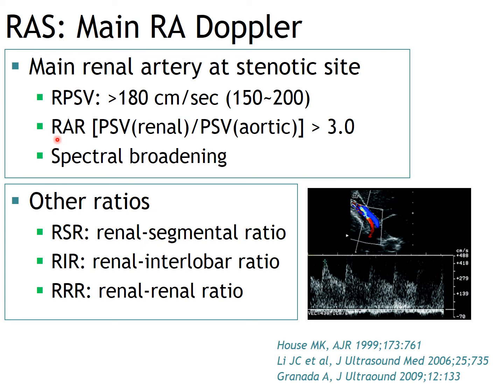RAR, renal aortic ratio, which is the peak systolic velocity of the renal artery divided by the peak systolic velocity of the aorta, is higher than 3, and spectral broadening, which means filling of the spectral window due to turbulence of blood flow at the stenotic site. Other ratios that may be used are RSR, renal segmental ratio, RIR, renal interlobar ratio, or RRR, renal ratio, etc.